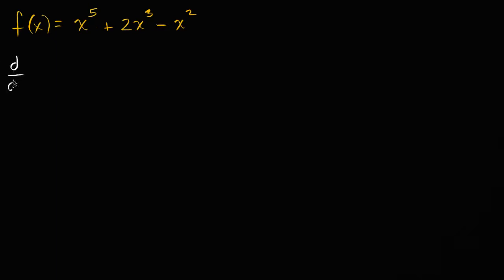So we could say the derivative with respect to x of f of x is equal to the derivative with respect to x of x to the fifth plus 2x to the third minus x squared.